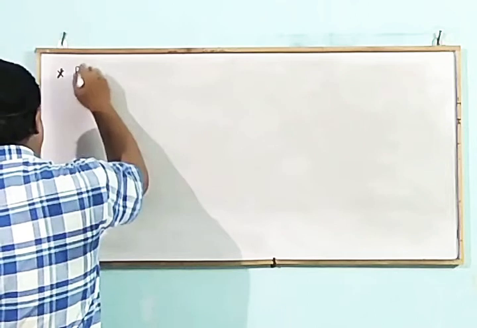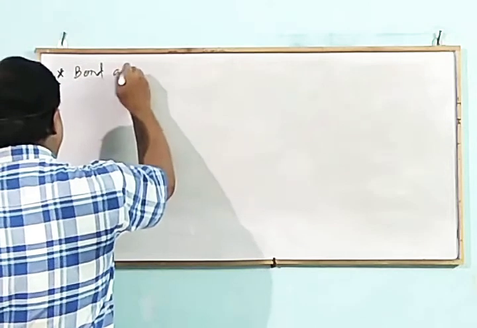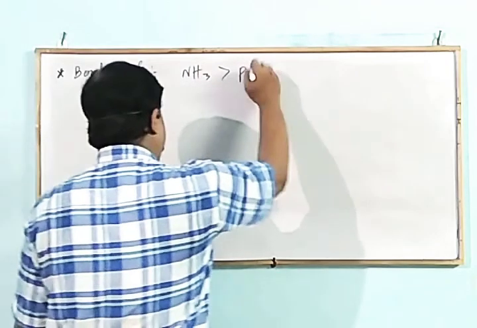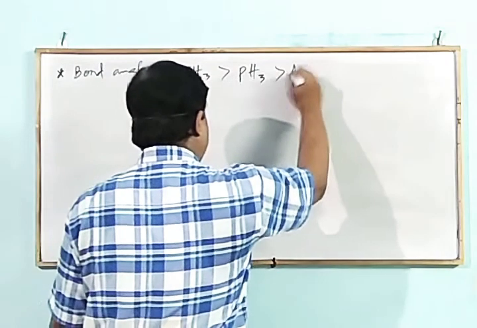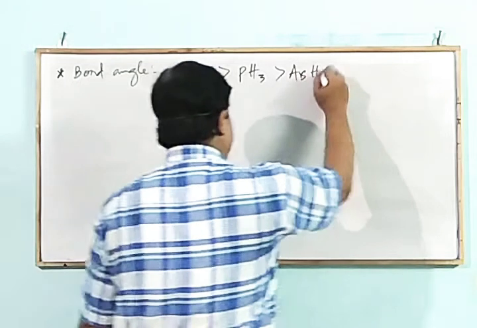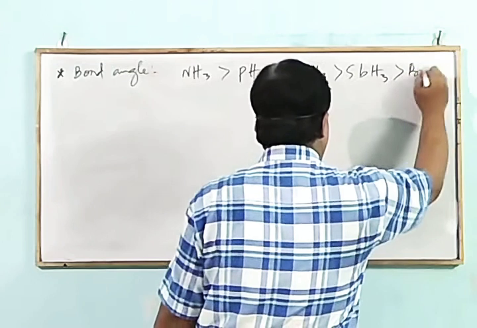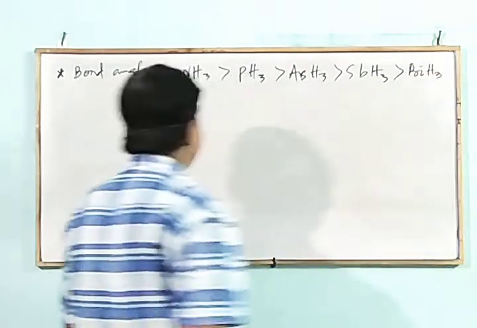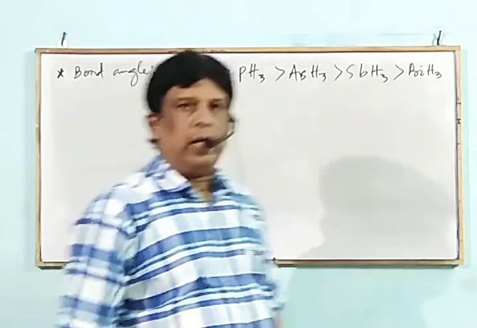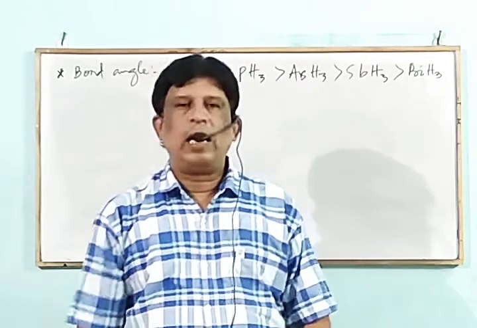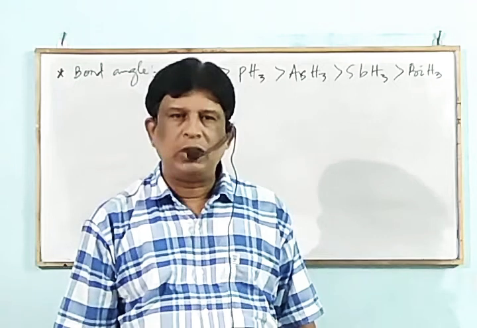bond angle of NH3, PH3, AsH3, SbH3, BiH3. Mark that. We know in ammonia, nitrogen exhibits sp3 hybridization, bent-like geometry.